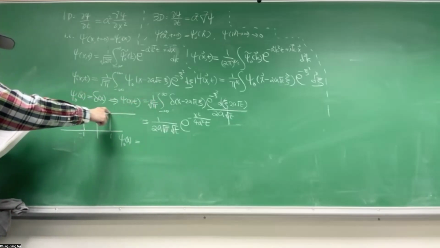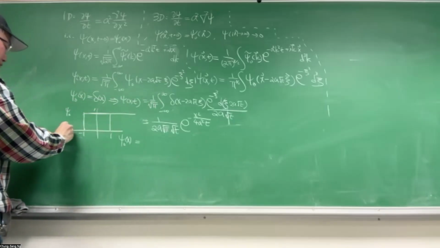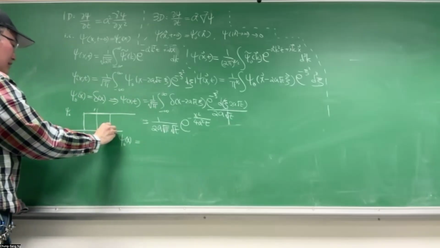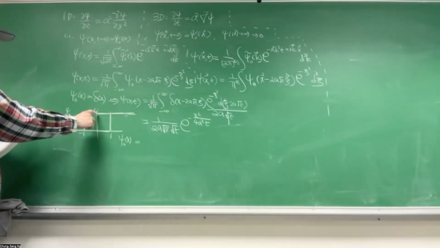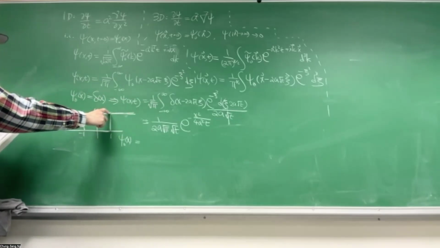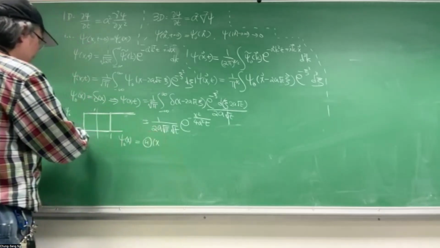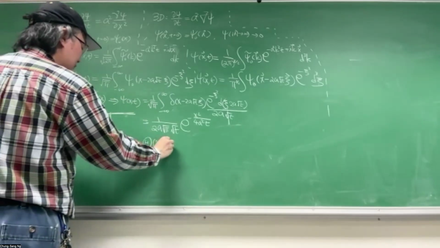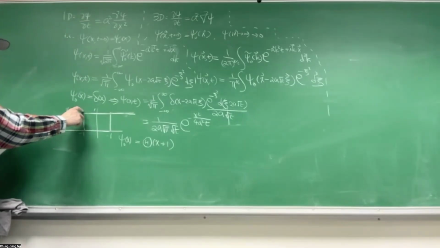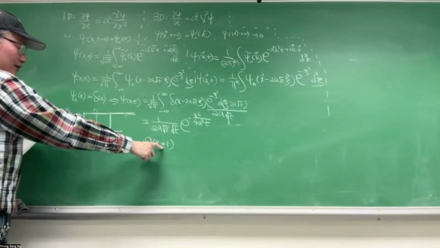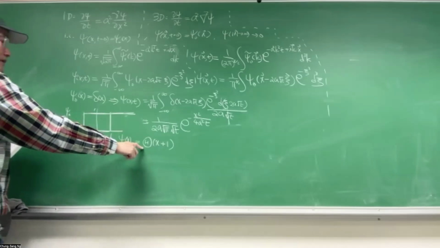But in order to cut it off at 1, you subtract another step function, which is 0 over here and then goes up here. You subtract the two, you cancel this part, right? And then this becomes 1 over here. So this is the step function of x plus 1, because it will be 0 when x is less than minus 1, but when the argument is positive, you get 1, right? So when x is greater than minus 1, you get 1 from this one. Then you subtract.